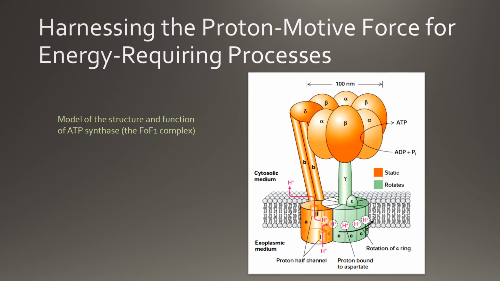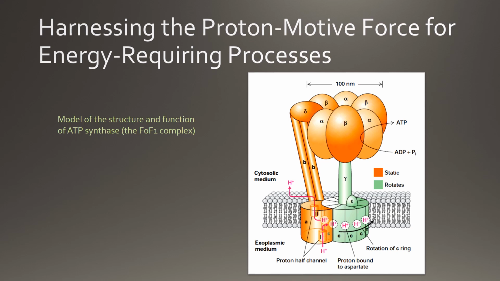The F1 delta subunit is permanently linked to one of the F1 alpha subunits and also to the b subunit of F0. Thus, the F0 a and b subunits, the delta subunit, and the alpha beta hexamer of the F1 complex form a rigid structure anchored into the membrane.